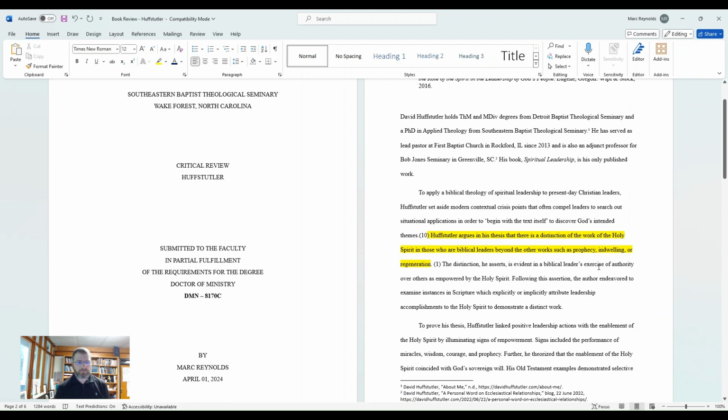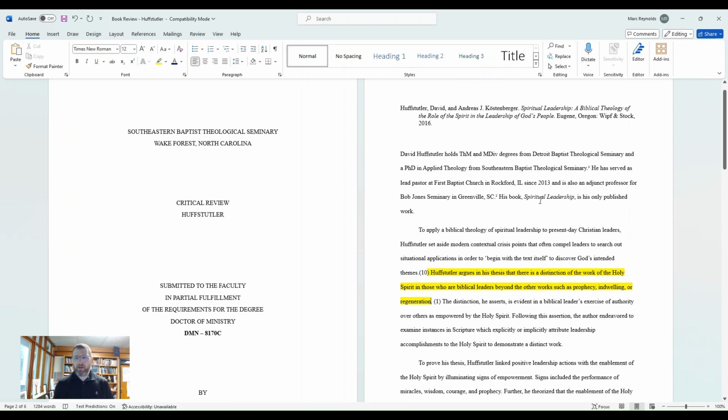Then you go over to the paper itself, and you always start off with the bibliographical information, as you see there at the top. This is basically how the book would be listed in a bibliography attached to the end of a work.